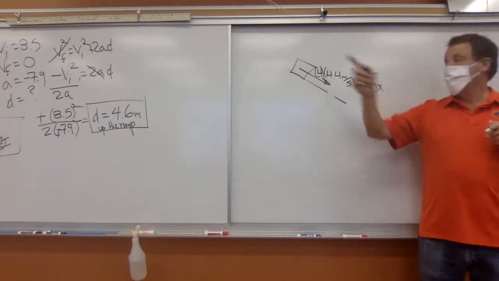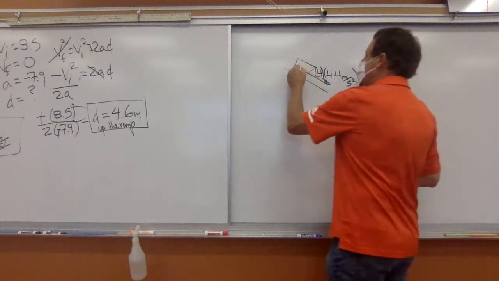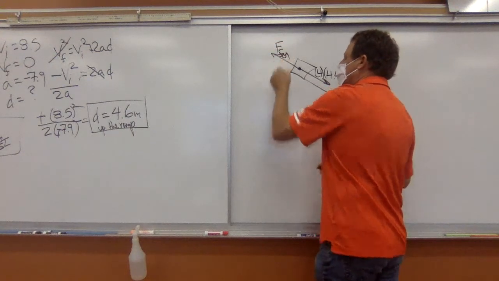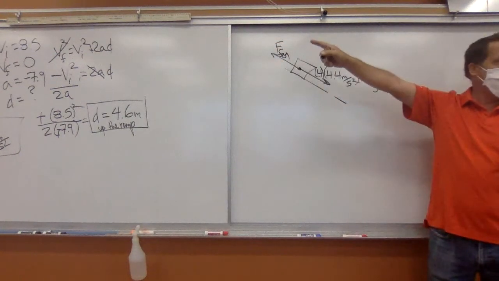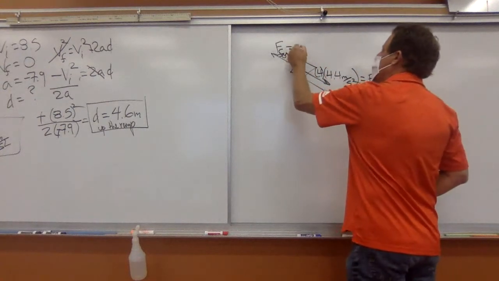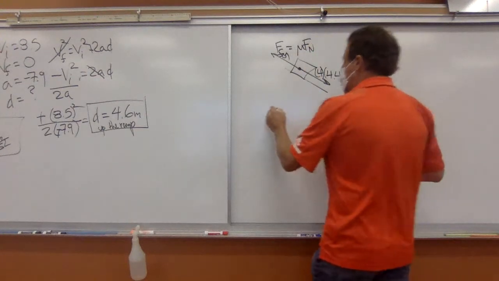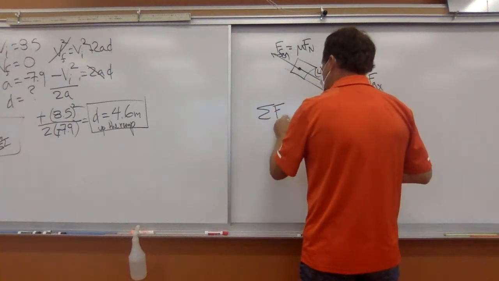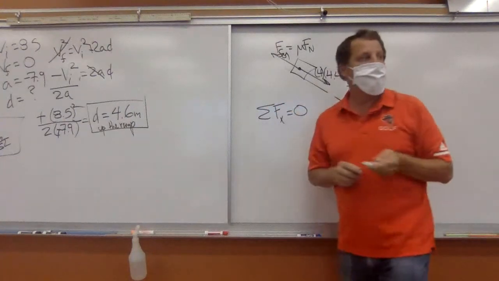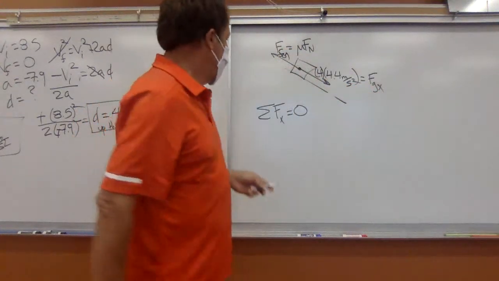But this time, this is going to want to come down due to gravity, which means our force of friction, and this is static friction, is going in the opposite direction because it's trying to oppose that motion. This is going to be mu times force normal. Now the sum of the forces in the x direction is equal to 0 because it is stopped.